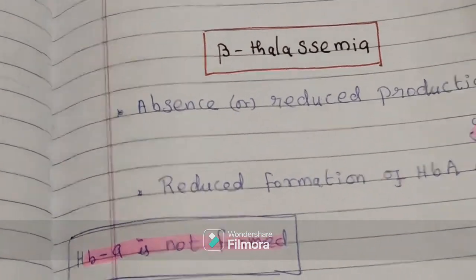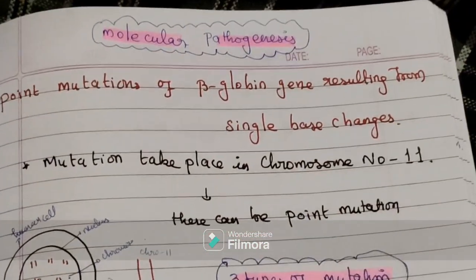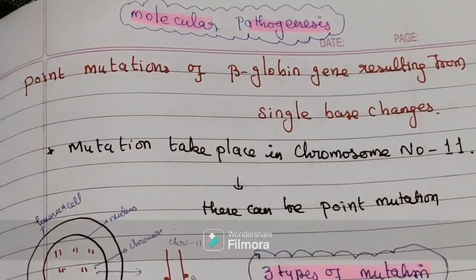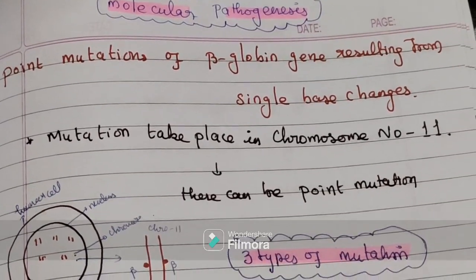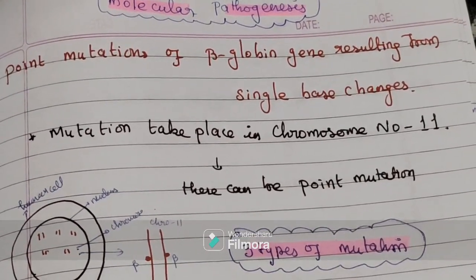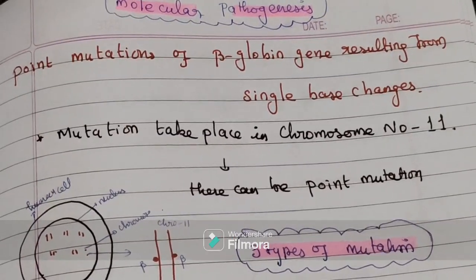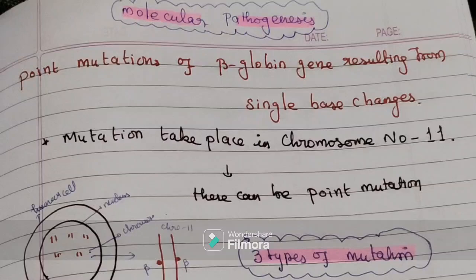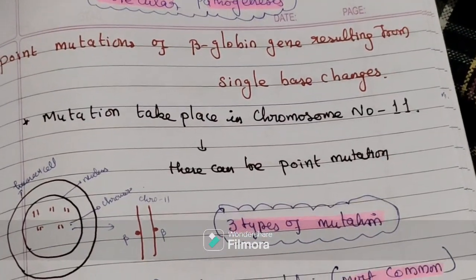Now what is the molecular pathogenesis? The mutation which is taking place because of which the beta chain is not forming. The gene for beta chain is located on chromosome number 11.